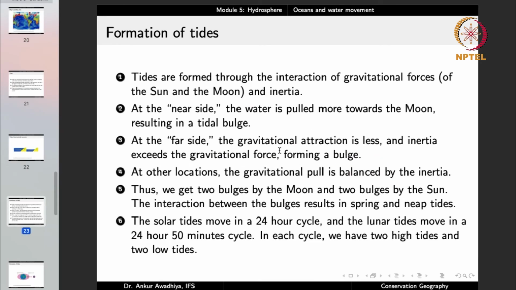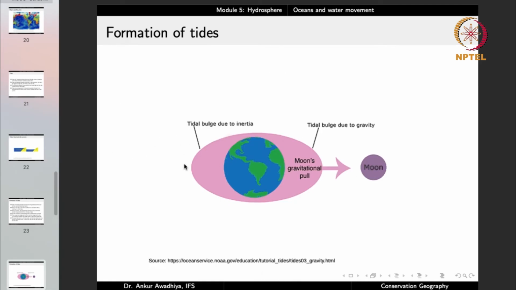At the far side, the gravitational attraction is less and the inertia exceeds the gravitational force, which forms a bulge. So here as well we get a bulge, and this bulge is not because of gravity, it is because of inertia. Essentially this water is not moving, the gravitational attraction here is less, even less than the gravitational attraction on the earth.